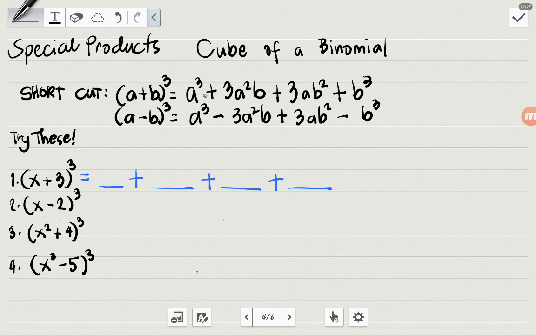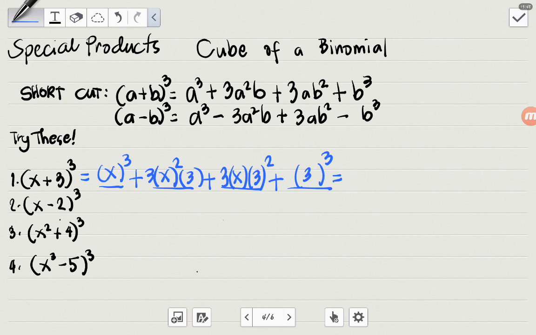And then yung first term natin, cube mo lang itong nasa unahan, x. And then 3 times square nasa unahan, x, and then times 3. And 3 times x times square naman nung pangalawa. And then yung last term natin ay cube yung last term, which is 3.